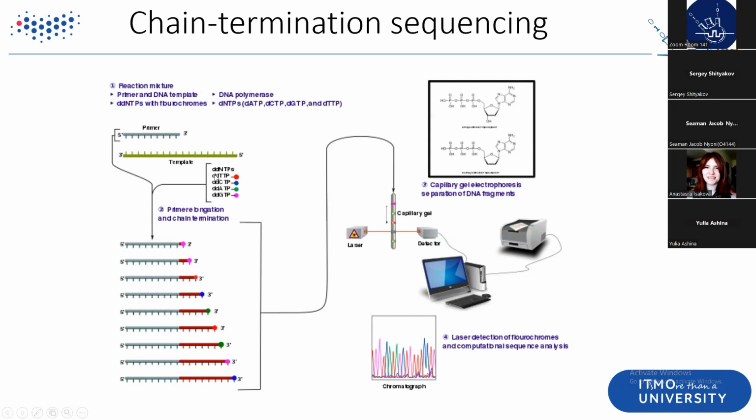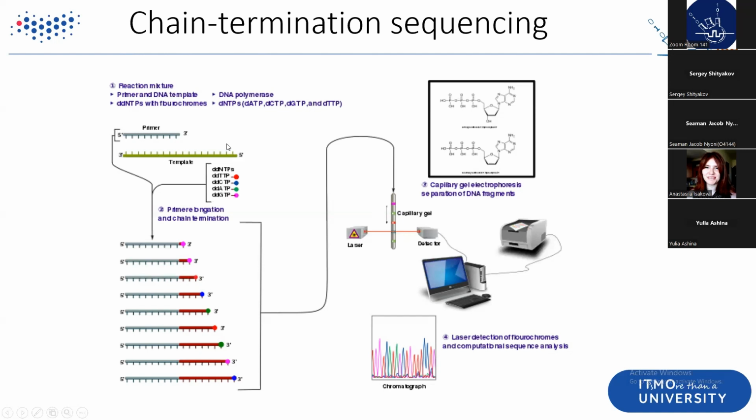They are modified in order to terminate the PCR process at a particular nucleotide. So ddNTPs are able to chain terminate, whereas if you perform the PCR reaction and just add dNTPs, the reaction will not terminate. So this is the idea.